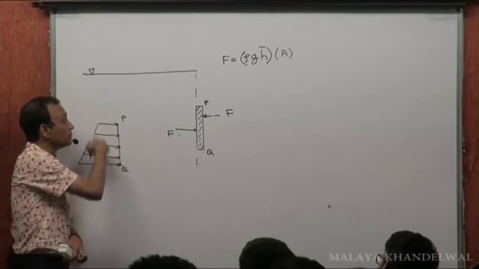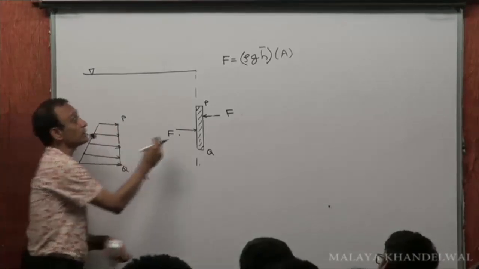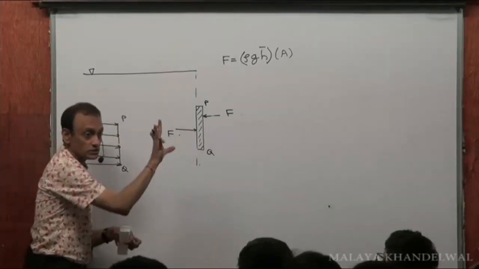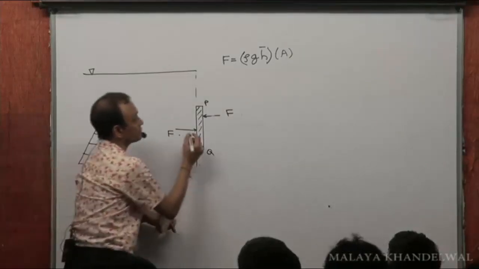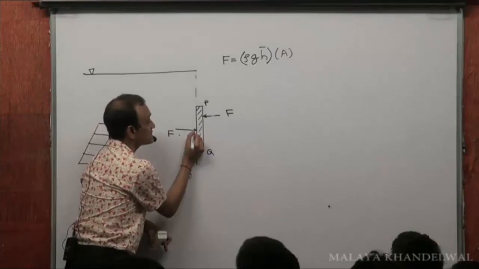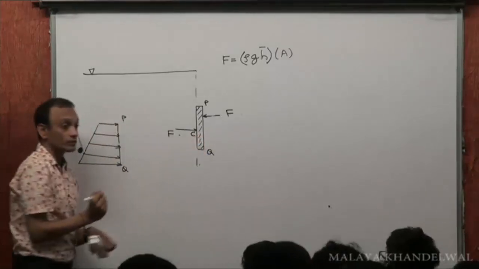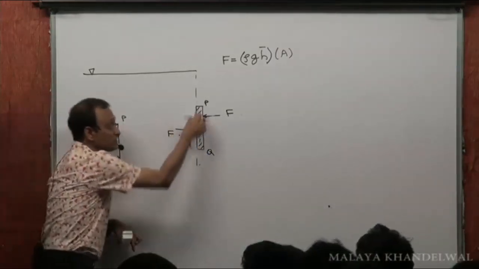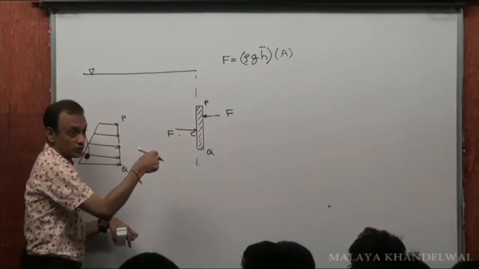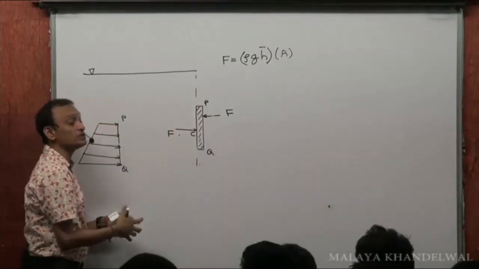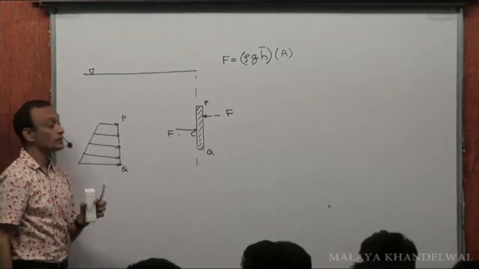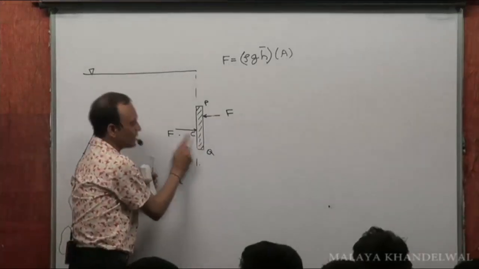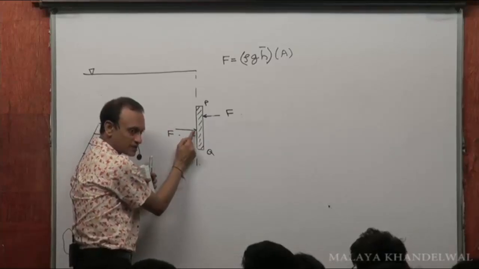Because of this pressure variation, there is a net force F that acts on it. I want to figure out a certain point C on this surface where I could imagine this entire force F to be acting.